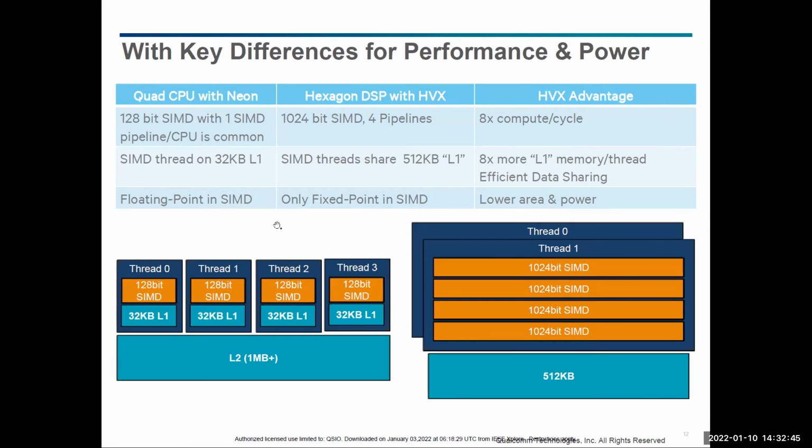But there are some key differences with respect to performance and power that the DSP has over the CPU. The first advantage is that the size of the SIMD vector on Neon architecture is just 128 bits, whereas Hexagon supports 1024 bits of data in a single vector.